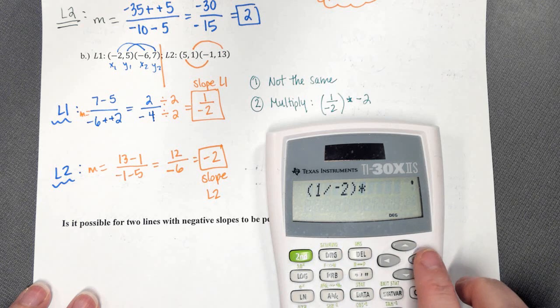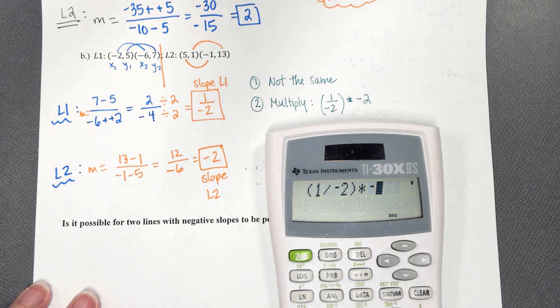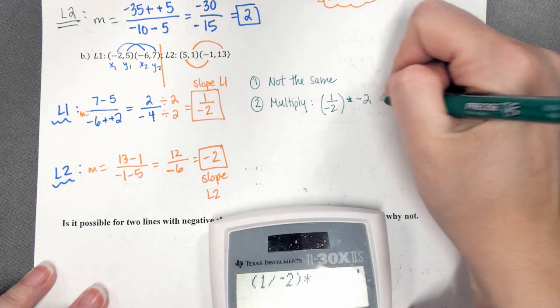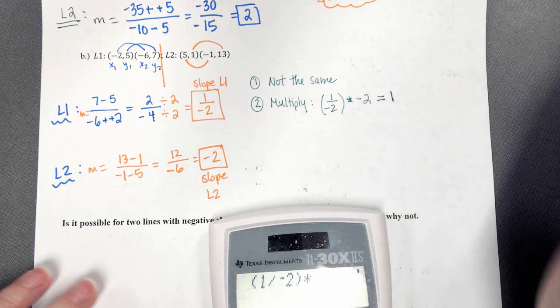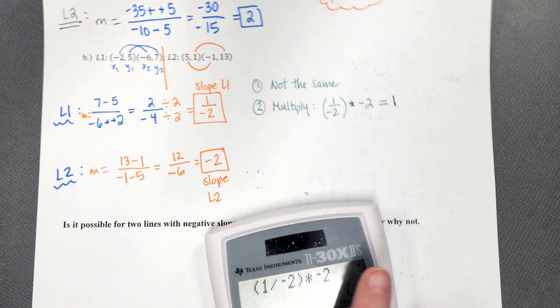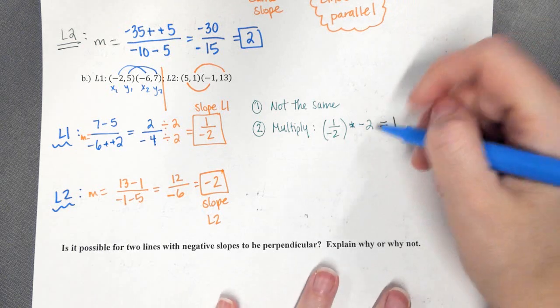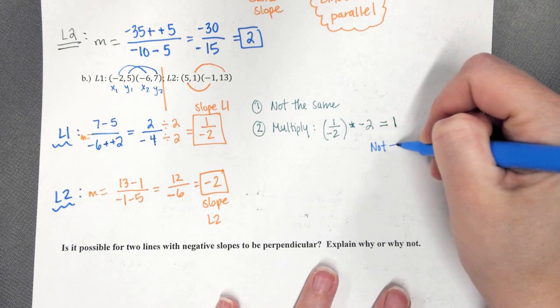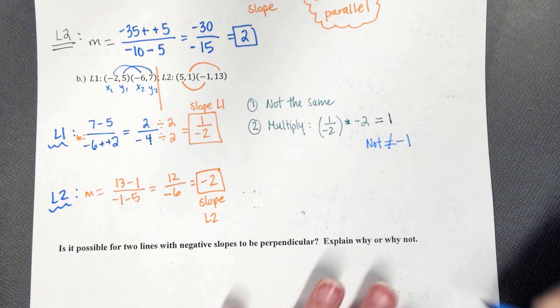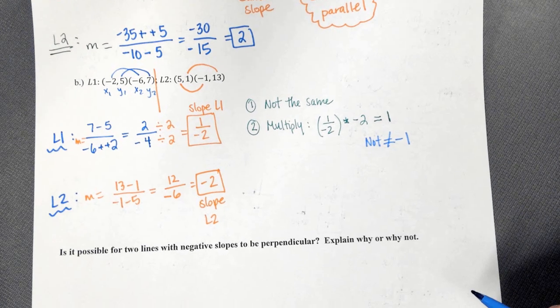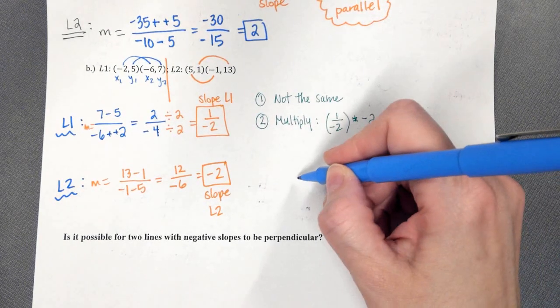Delete that, okay, and then times negative 2. Okay, so we got 1. This is really close to what we want, but you have to see if it's -1. So if they're not the same, and the product does not equal -1, what's your final answer? Neither.